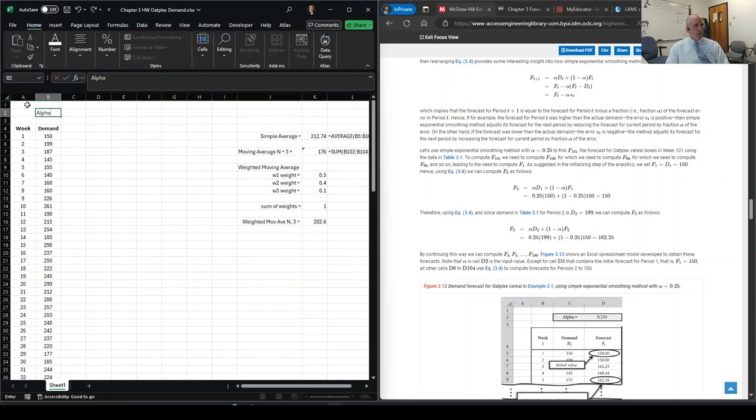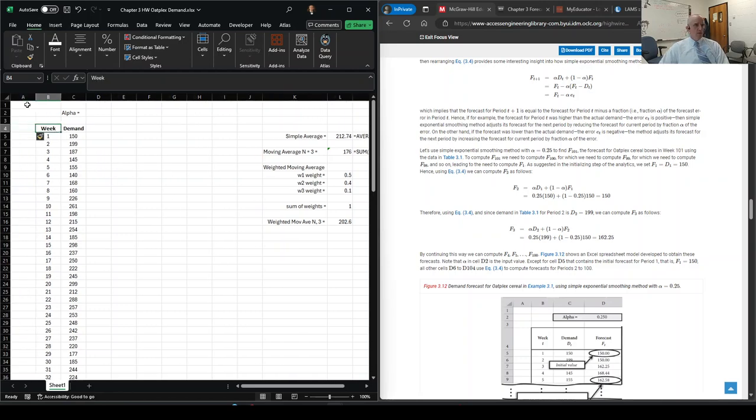I know we're going to need an alpha. And let me just add a little bit more space over here too. That'll give us pretty close to what the book is going for here. Putting the week in column B, the demand in column C, and then a forecast. So let's follow along here. So we have the week.